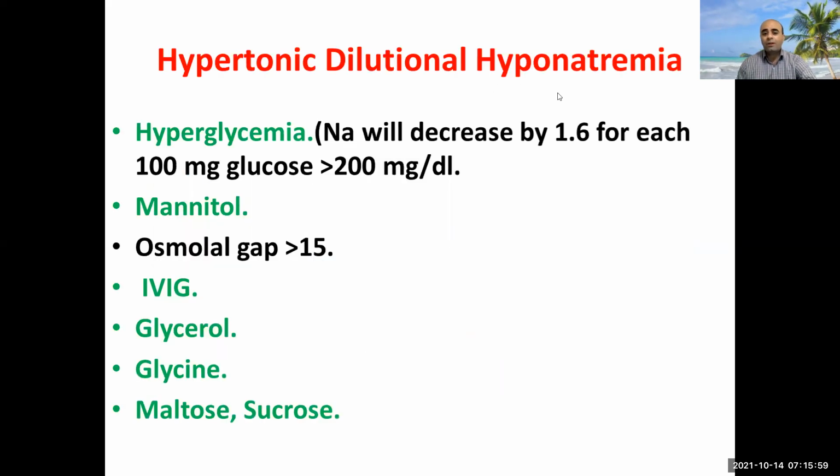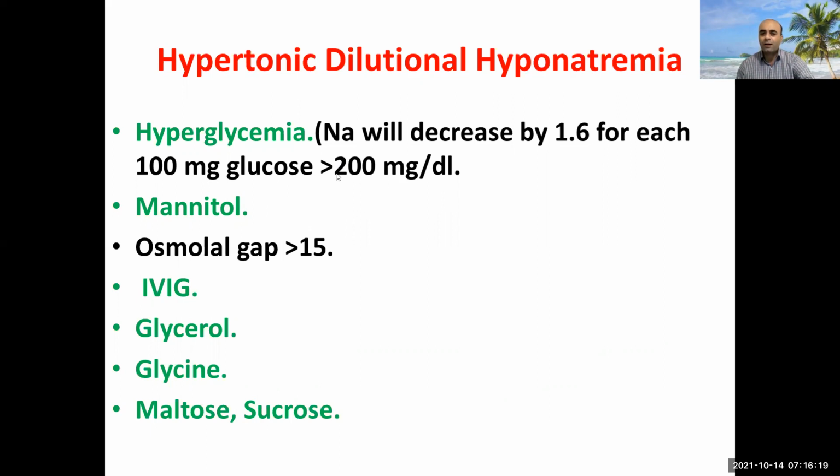Hypertonic dilutional hyponatremia, as in hyperglycemia, sodium will decrease by 1.6, some books write 2, for each 100 milligram glucose above our baseline 200.